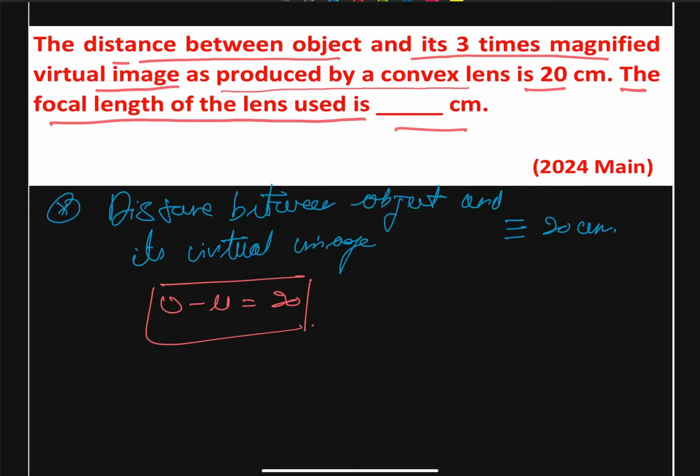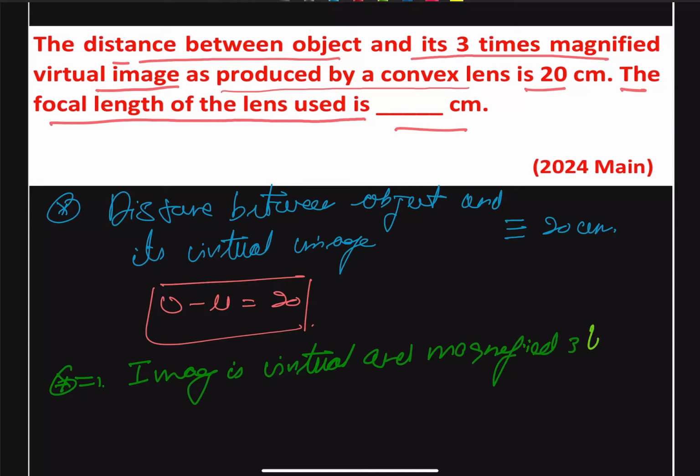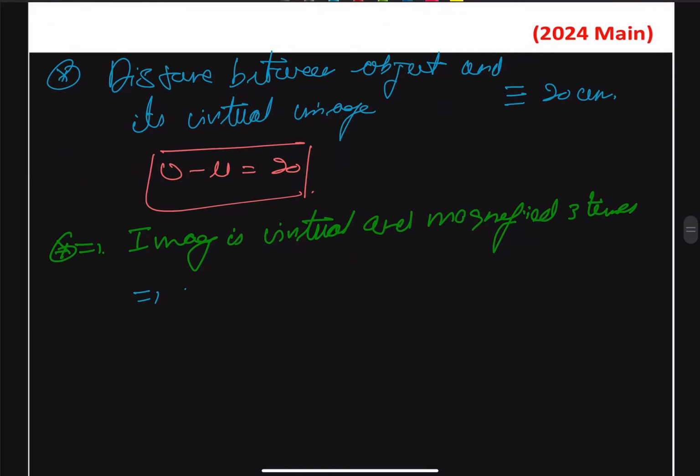So the image is virtual and magnified 3 times. Therefore, we can write that V is equal to 3 times U. Let us call this equation 1.